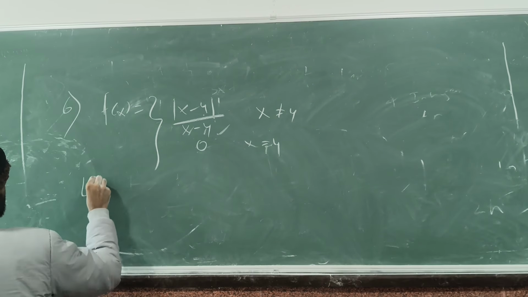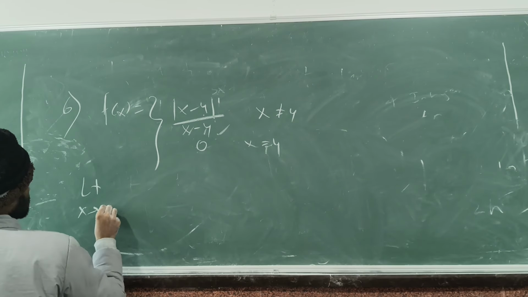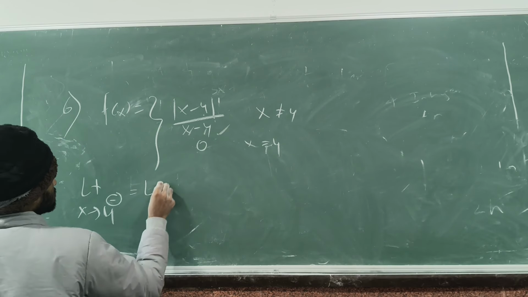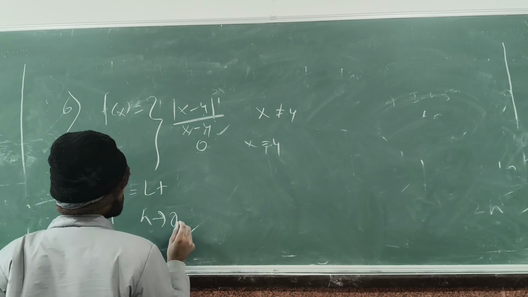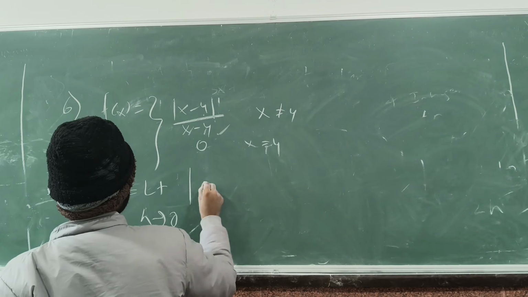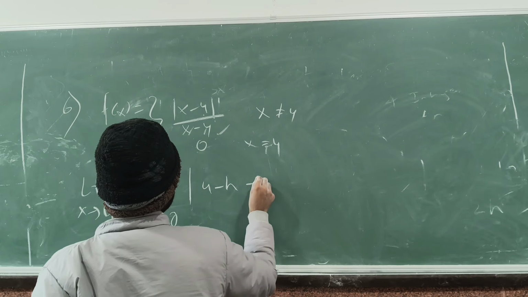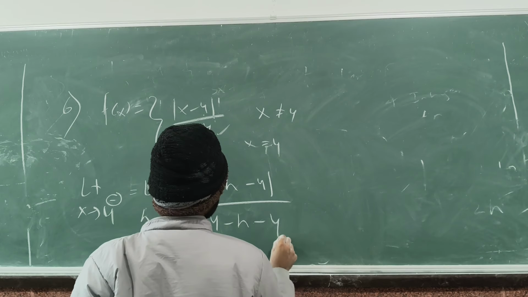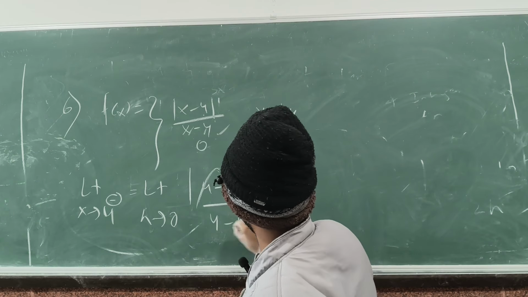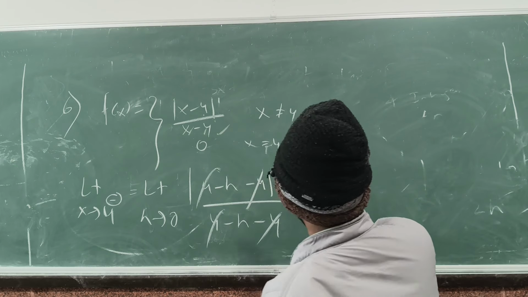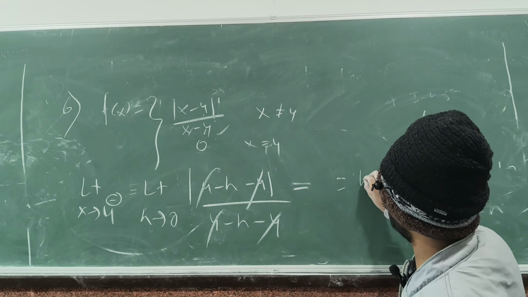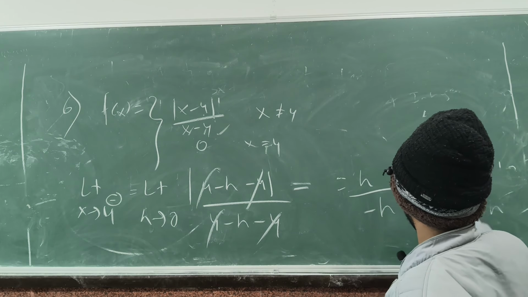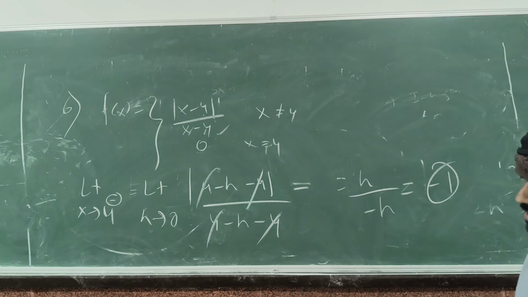Let's find the left hand limit. x tending to 4 minus equals limit h tends to 0 of mod of (4 minus h minus 4) by (4 minus h minus 4). Mod of minus h equals plus h since h is a positive quantity, and the denominator is minus h, so the left hand limit is minus 1.